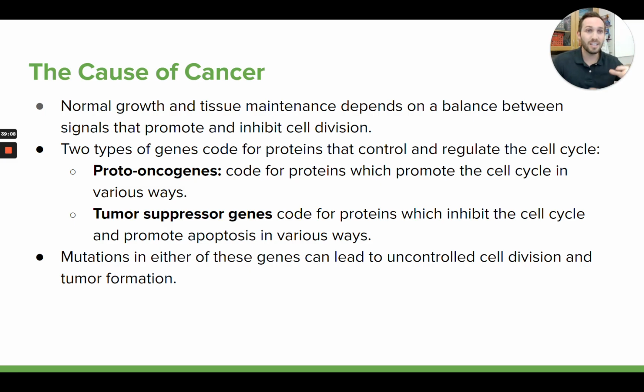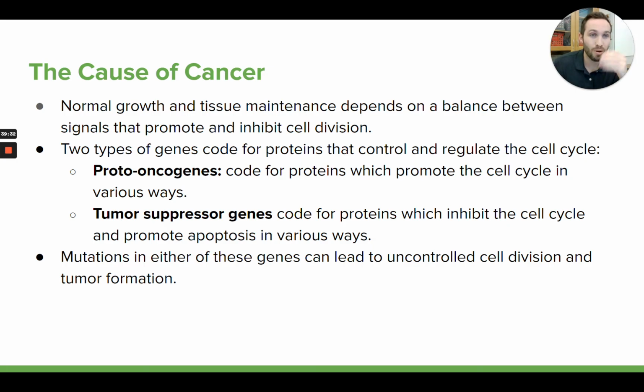And then there's a category of genes called tumor suppressor genes, which make a variety of proteins that do a variety of different jobs, but they have one underlying thing in common, and that is in some way their job is contributing to the cell cycle being inhibited and preventing cells from continuing on in the cell cycle.